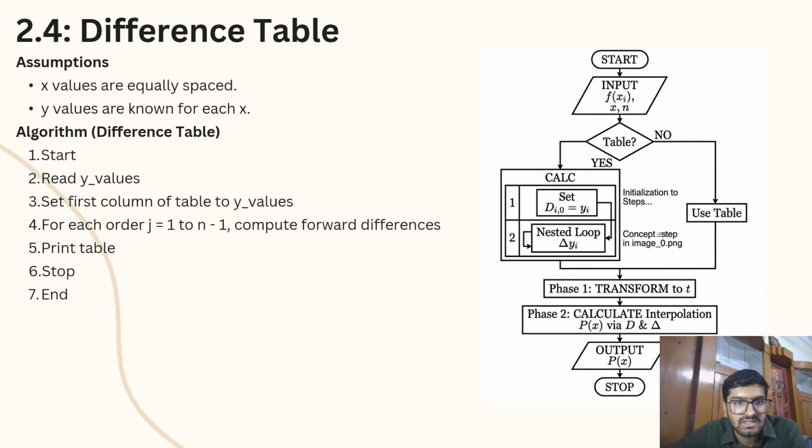For each order j equals 1 to n, we compute the forward difference using the forward difference formula, where we subtract the previous value from the next value, and after that we print the table and the algorithm stops. Then here in the flowchart it is properly explained how the forward difference algorithm works diagrammatically, and how we have to initialize the values.